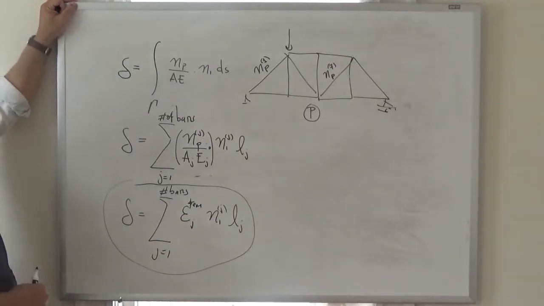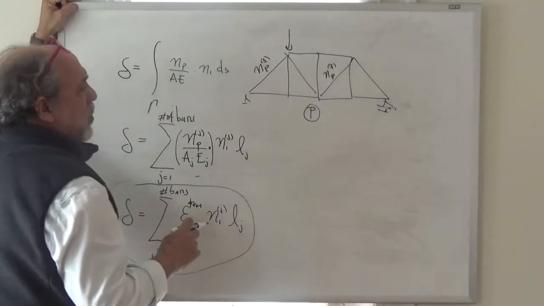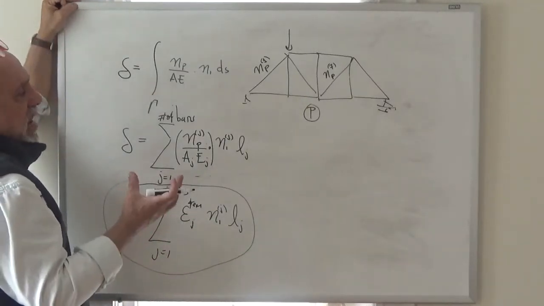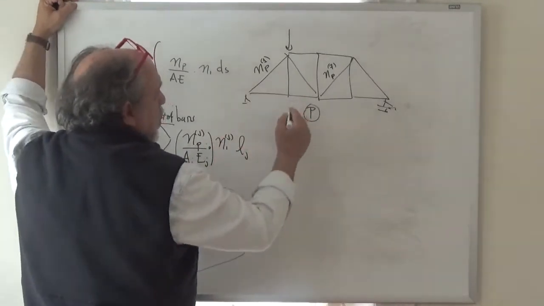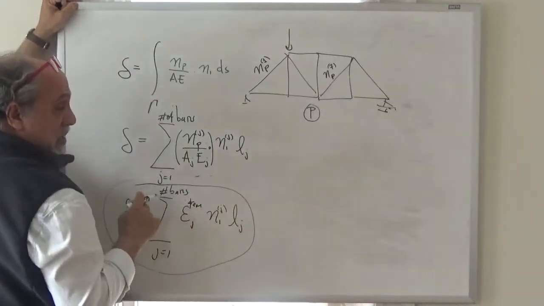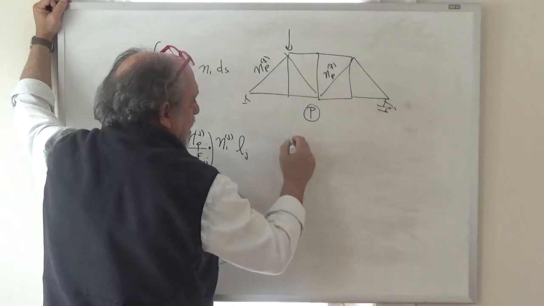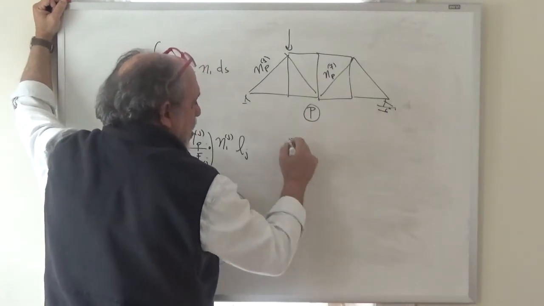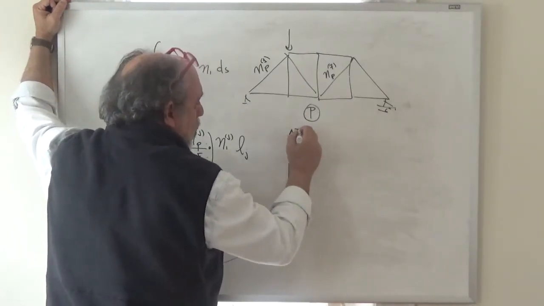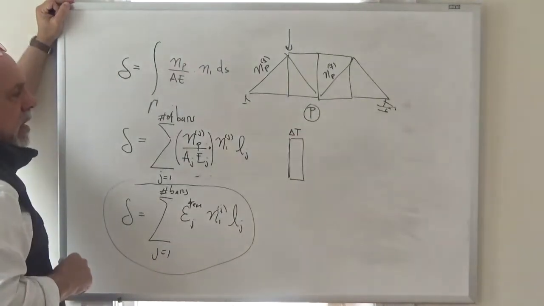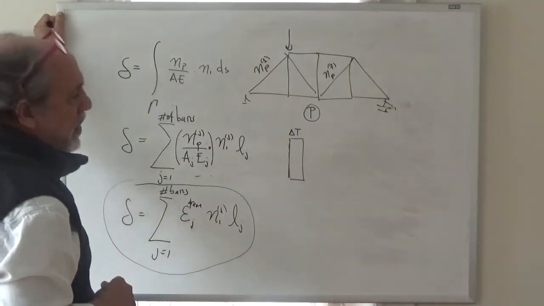Now in a truss we are not really interested in bending, only in axial. So when we talk about temperature changes in trusses, we are really only talking about temperature changes that are uniform. Now, you might ask, wait a minute, but I don't have any way to control the temperature.